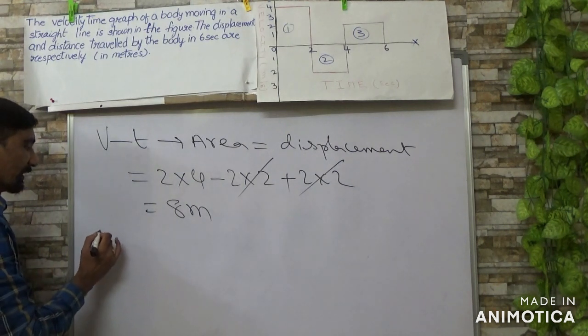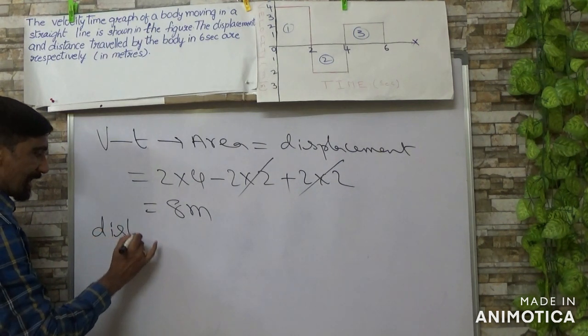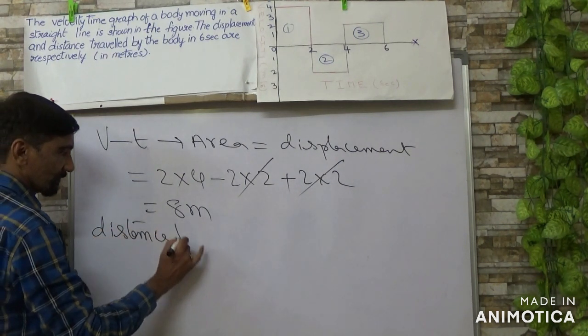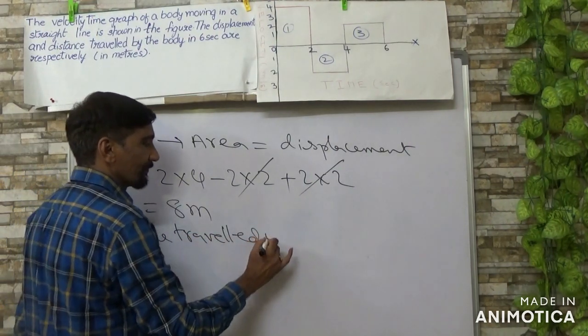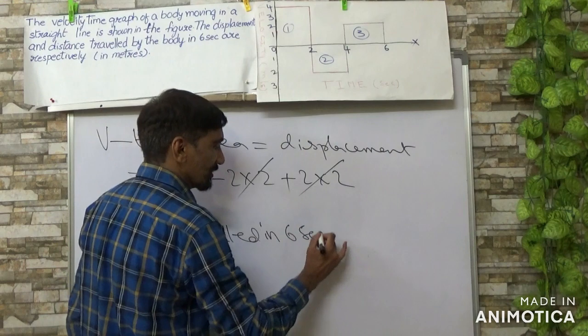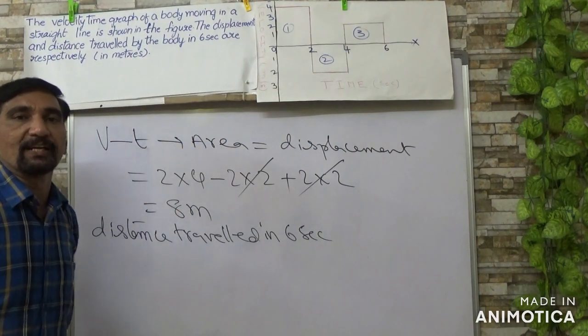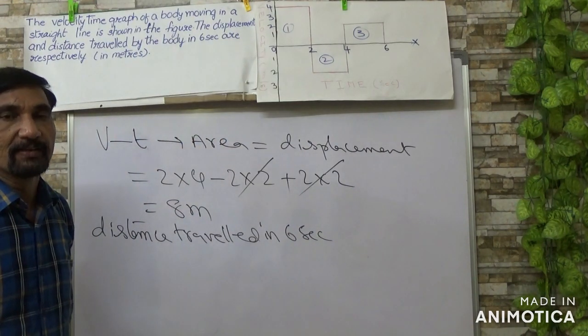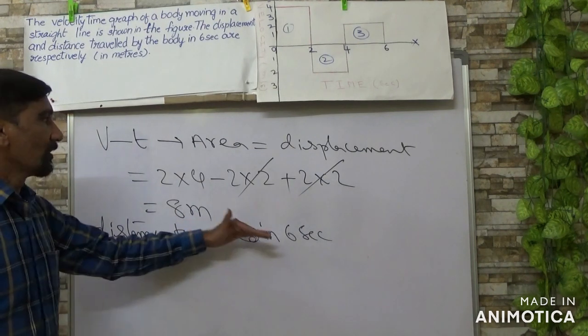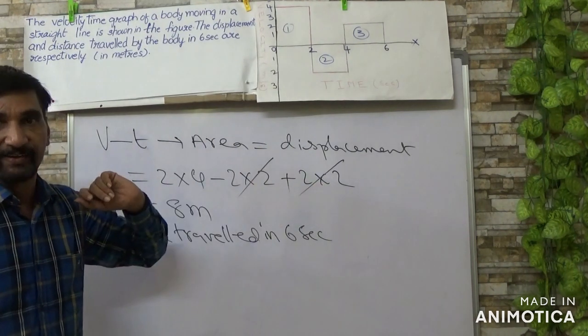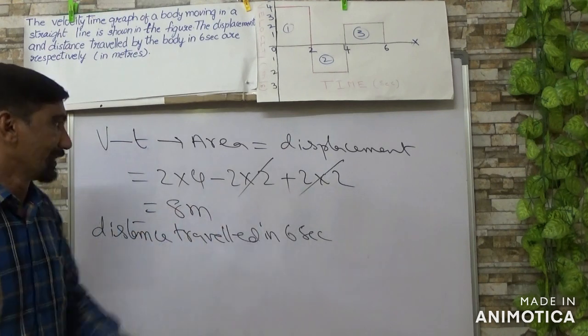Suppose you want to find the distance traveled in 6 seconds. Displacement is a vector quantity, distance is a scalar quantity. So that is why all areas are added when calculating distance.